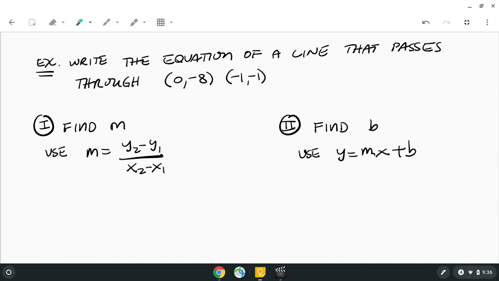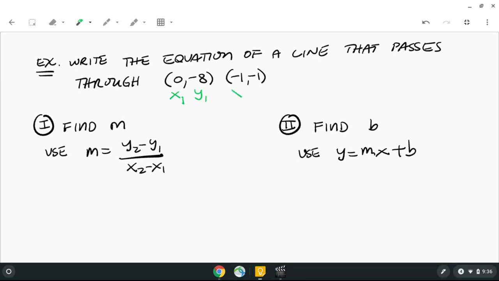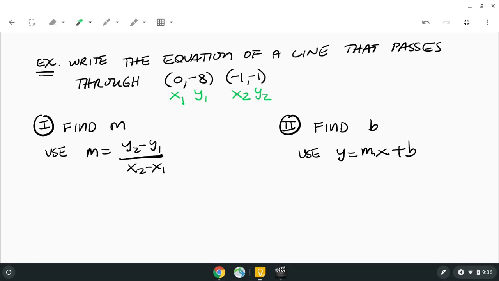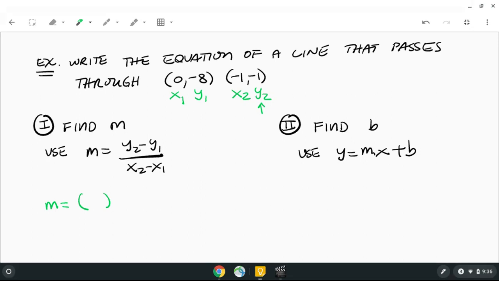All right, so up above this first point, this is going to be our first x and our first y, and this will be our second x and our second y. Okay, so when we use this formula over here to find m, so I'm going to plug in y2, our second y, which is right here. So that's -1.